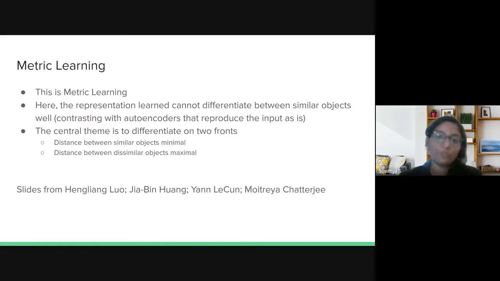They'll be very close together, but their inputs can actually be very different. So this notion is what differentiates what we saw last class with what we'll be seeing in this one. So what we are trying to do is that distance between similar objects is minimal and distance between dissimilar objects is maximum.